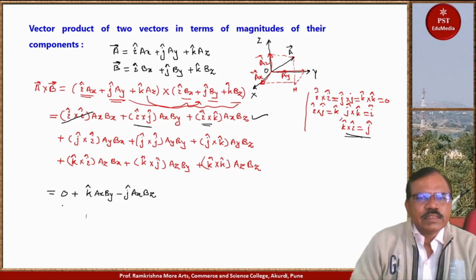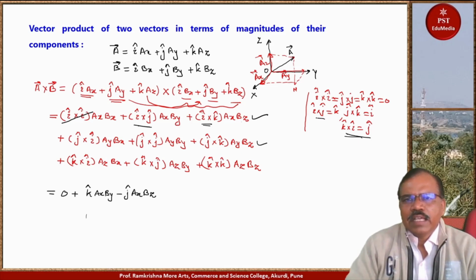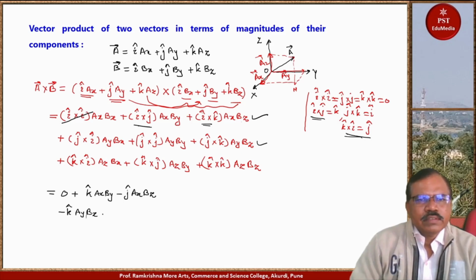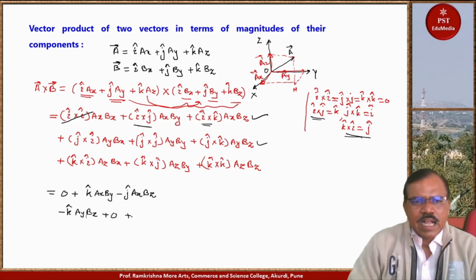Now from the second line, J cross I: J cross I is minus K, so you'll get minus K AY BX, plus J cross J is 0, plus J cross K is I, so I AY BZ.